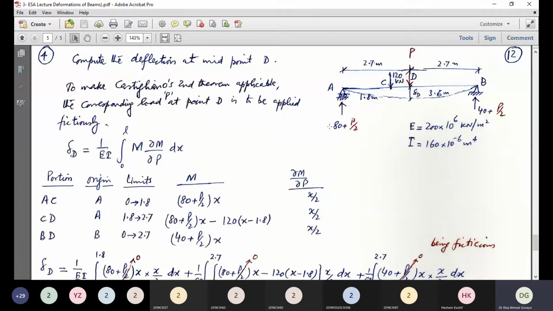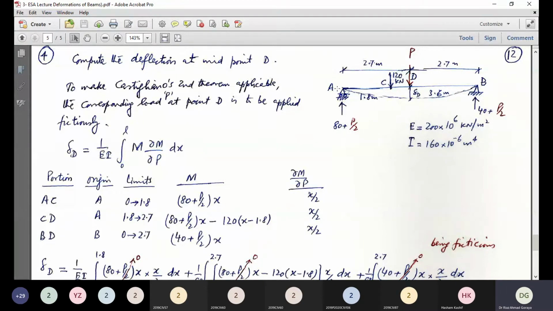Now for portion CD, we have the choice whether we take A as origin or C as origin. So accordingly, the distance x will be considered.